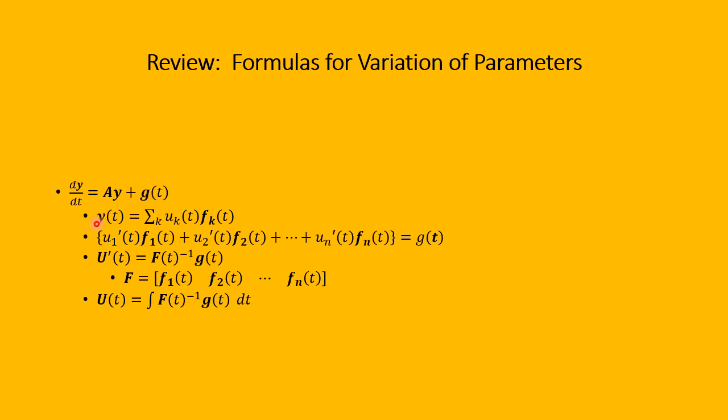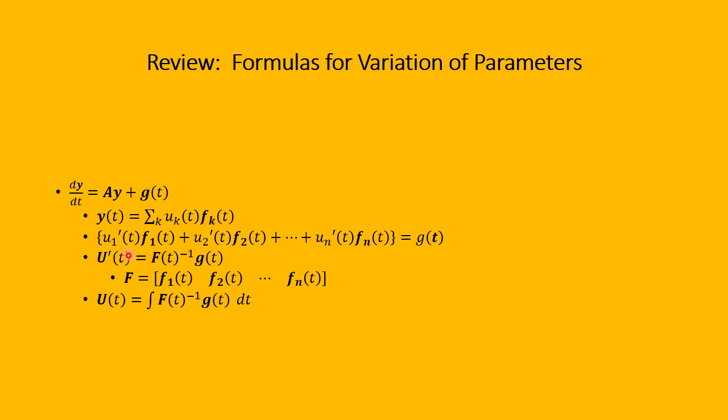And we look for a solution of the form y of t equals the sum over all k, u sub k of t, f sub k of t, where the f sub k's were functions associated with the eigenvalues of the matrix, and also the eigenvectors or generalized eigenvectors as the case may be.